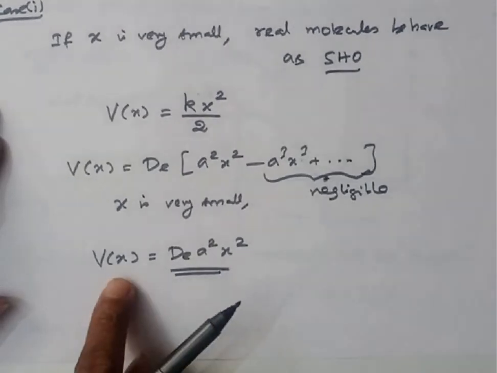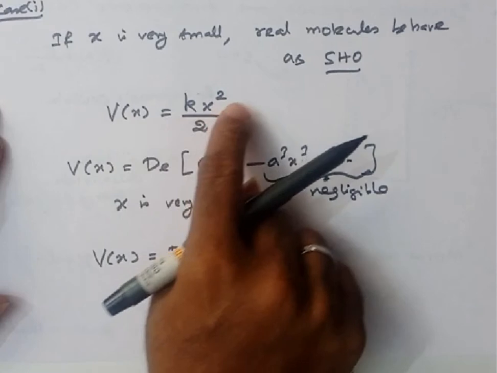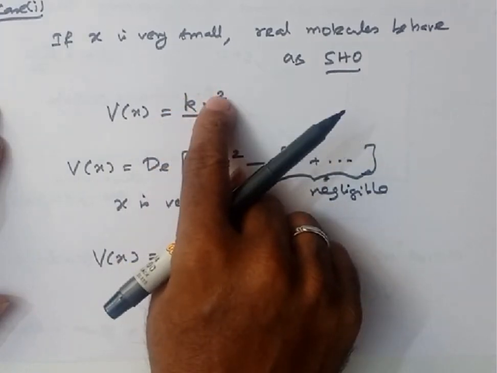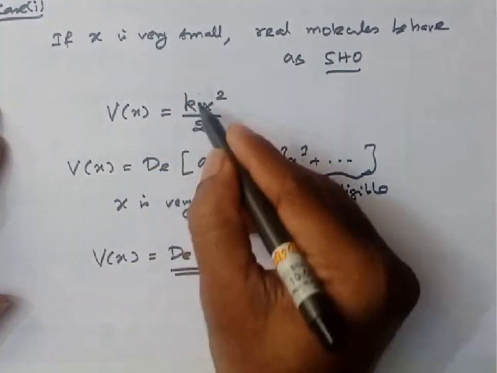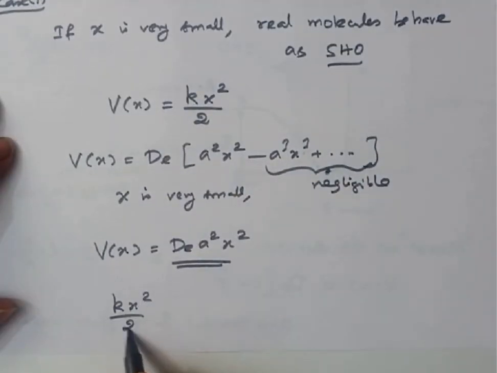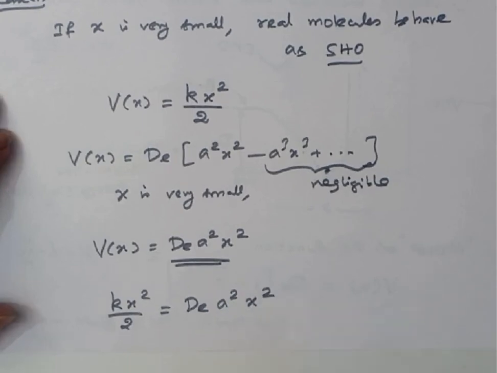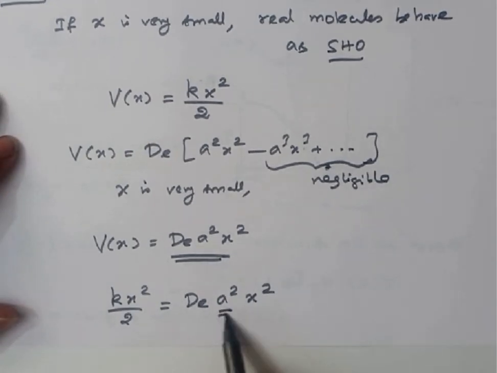Okay, and we get the potential energy like this, and you know very well for a simple harmonic oscillator potential energy is also equal to kx square by 2. So if I equate these two, we get kx square by 2 equal to dE a square x square. From this we can find the value of a square. x square you can cancel.